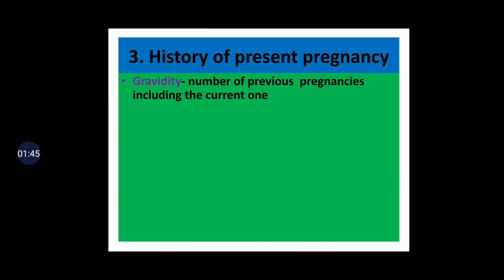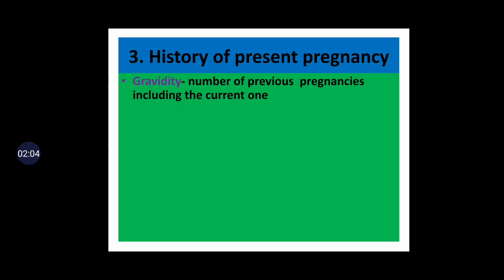History of present pregnancy. In the first part, you should know the parity index of the pregnancy. This includes gravidity, parity, abortion, live birth, and ectopic pregnancies. Gravidity. It is the number of previous pregnancies, including the current pregnancy, irrespective of site of pregnancy, duration of pregnancy, and outcome of pregnancy.